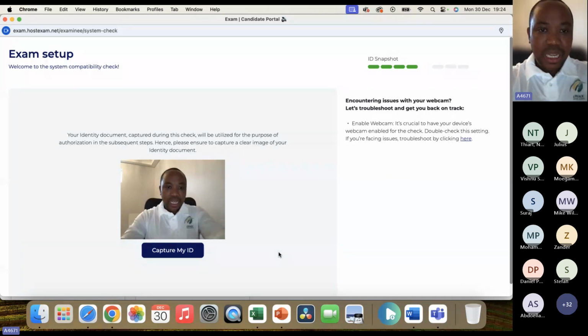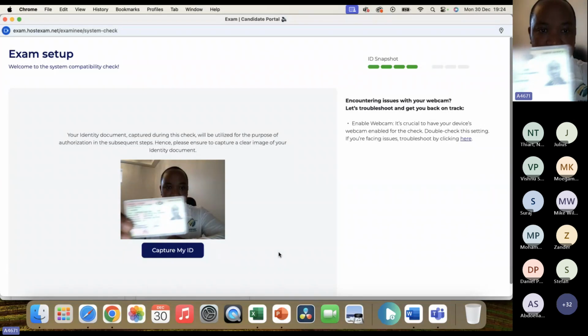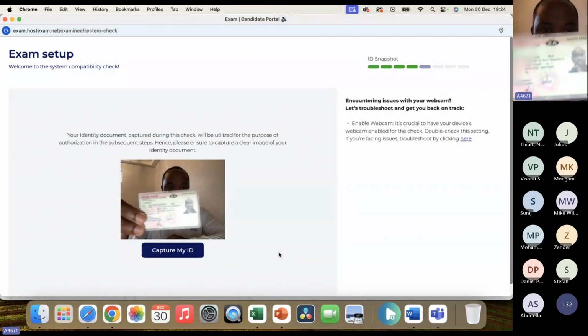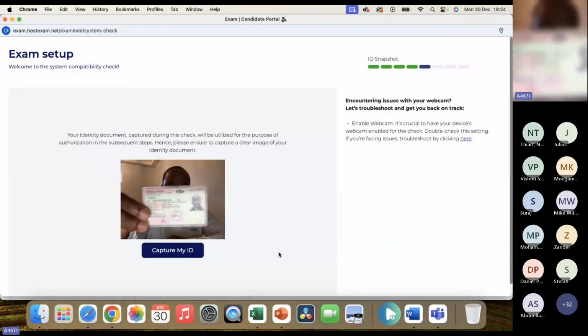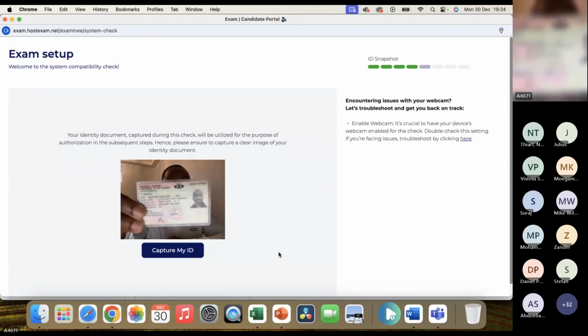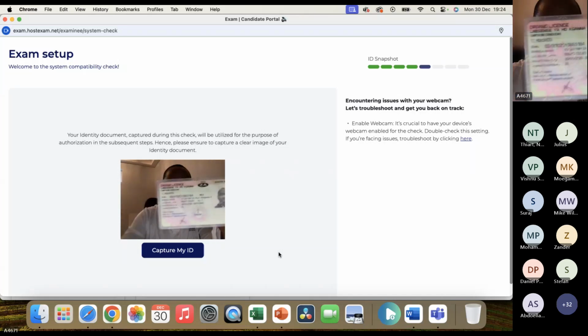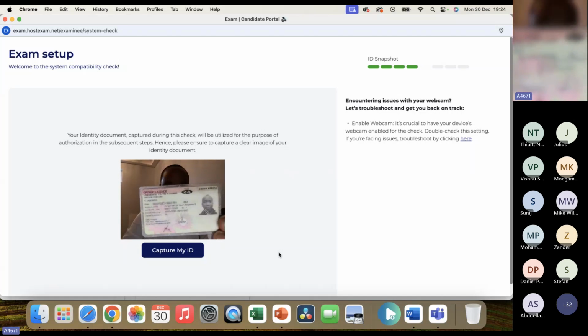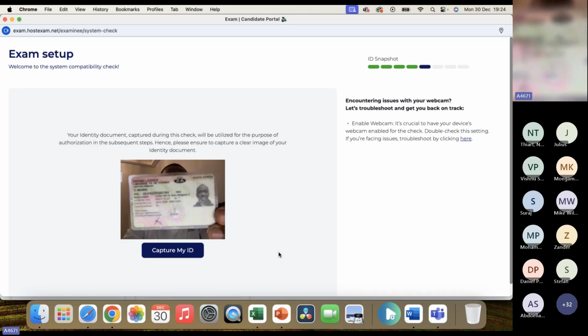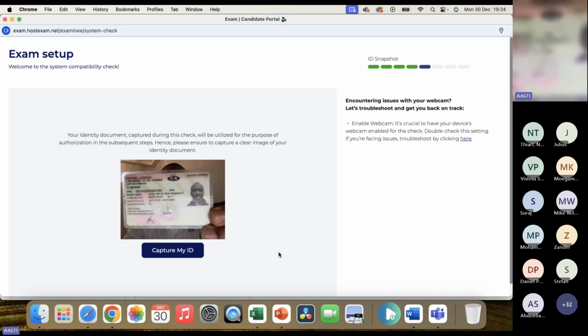So we need to lift up our identity card or document. You can use your passport or your official country's ID to take a picture thereof. Get as close to the camera on your device as possible.